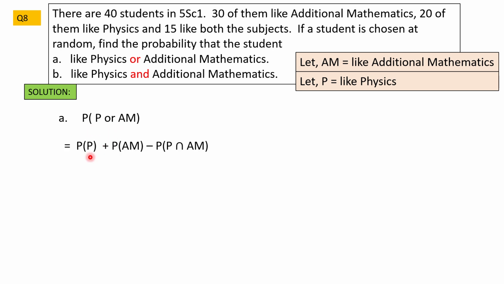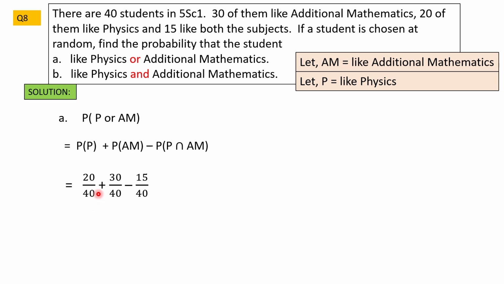And the formula will be probability P plus probability AM minus probability of the intersection between P and AM. So probability P, the probability a student likes physics. The number of students who like physics is given as 20. So 20/40. From where did I get the 40? The number of students in the class, given as 40.